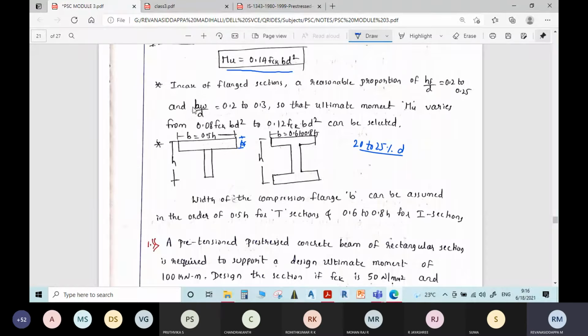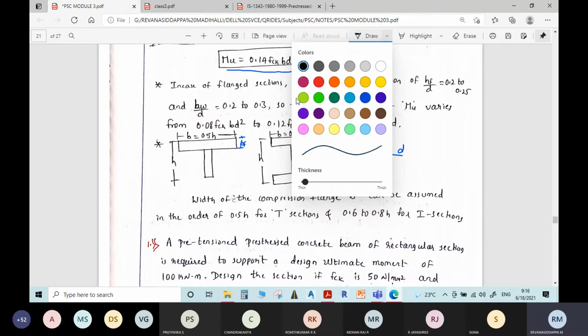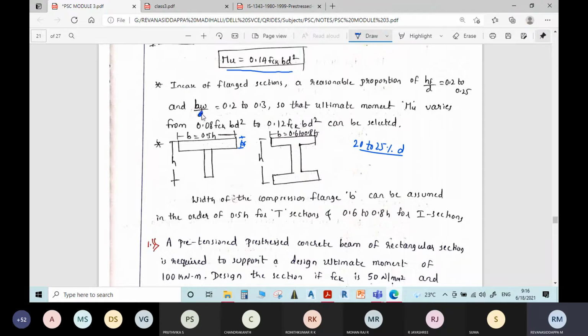And coming to the width of the web, usually it is taken as 0.2 to 0.3 times. It is not D, it is B. I'll make a correction here. The width of the web is chosen based on the width of the flange.